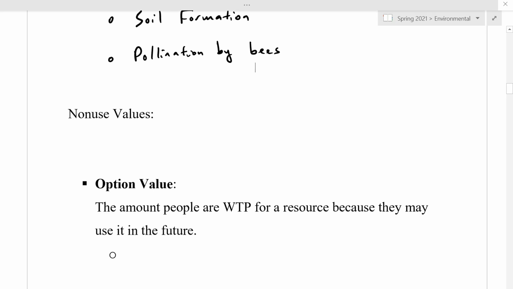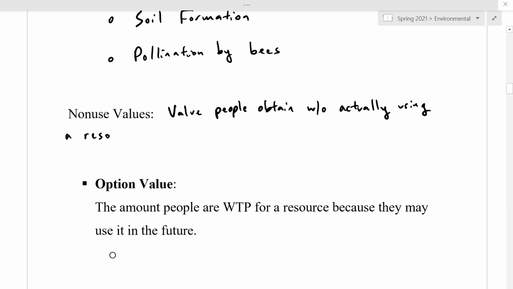These are values people obtain without actually using a resource.